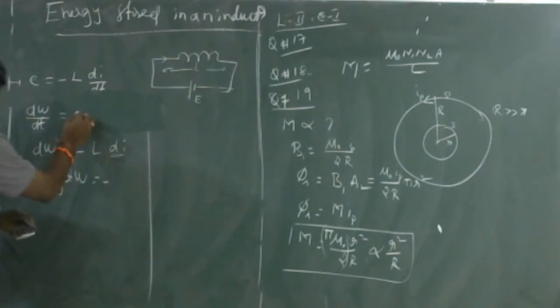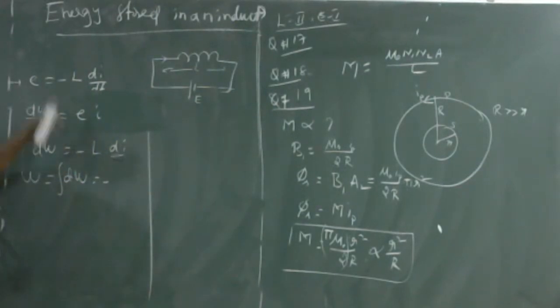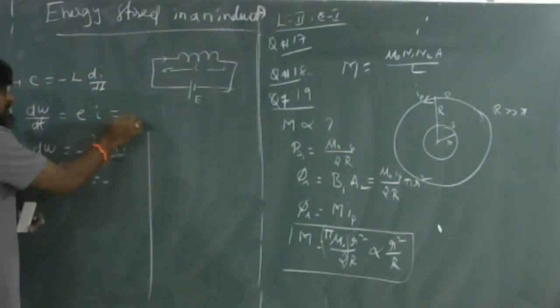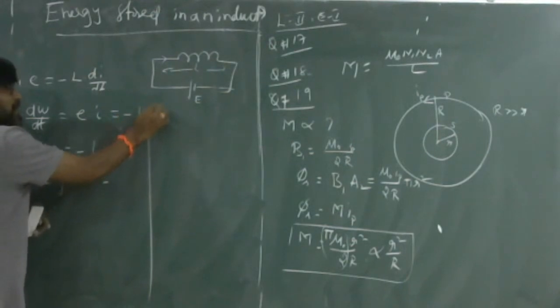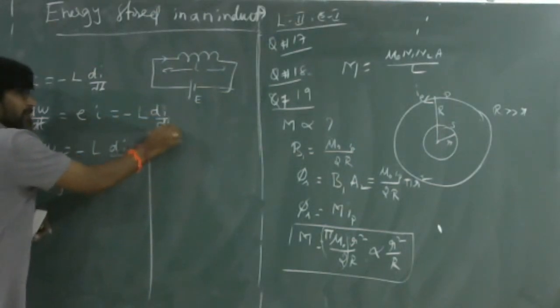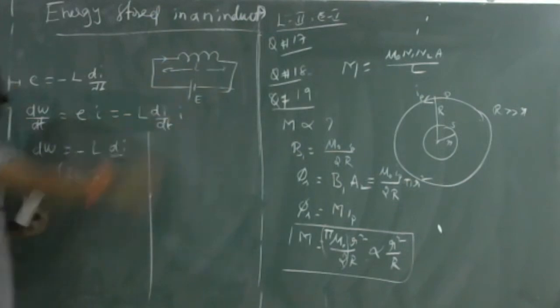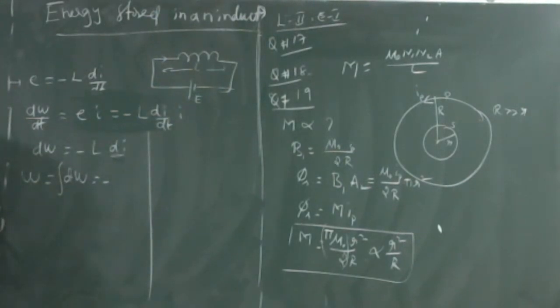Take this one, the EMF induced into the current in the circuit. It is minus L into di by dt, the induced EMF, into I. This you can write as minus L I into di.